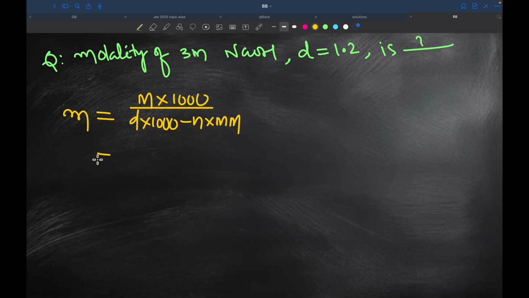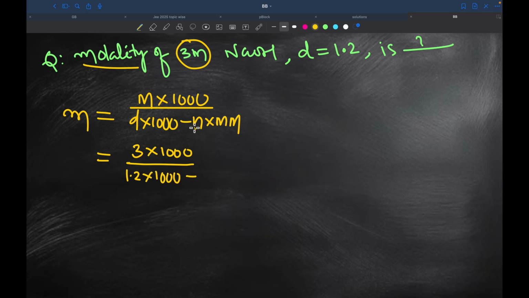We will use this formula. So we have to calculate the molality. Molarity is given. So this is 3 into 1000 over density, which is 1.2 into 1000 minus n. How much n should we take? You will understand n from the molarity. If you have 3 moles in 1 liter solution, the molarity is 3 molar, correct?